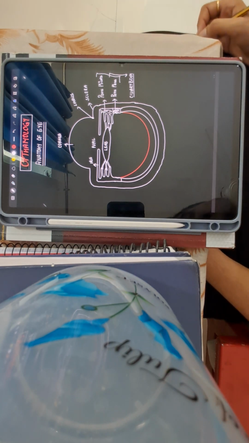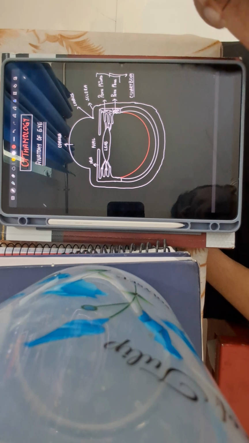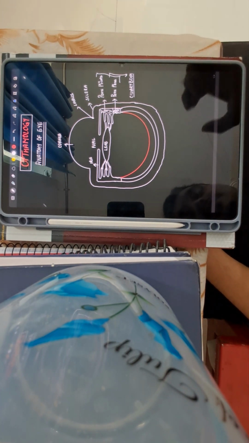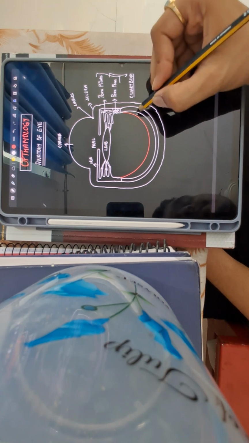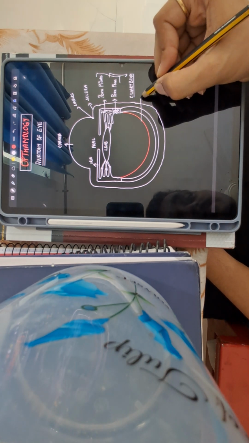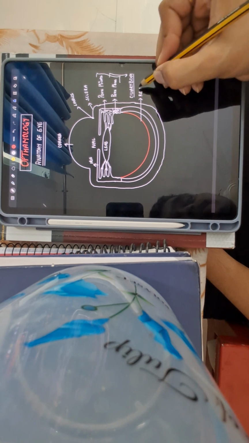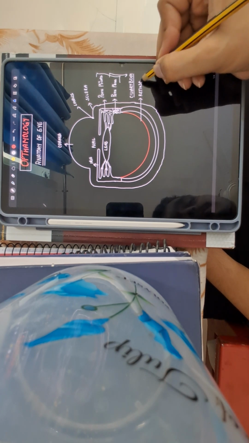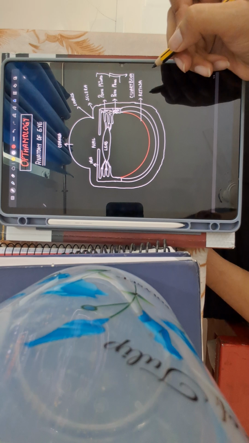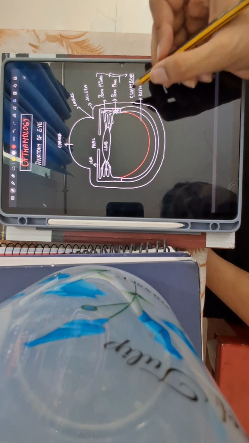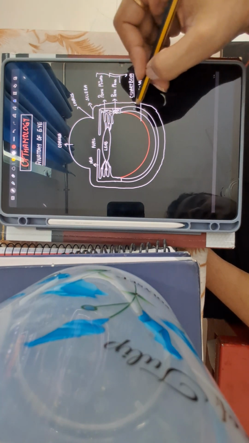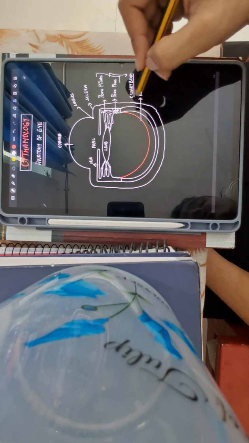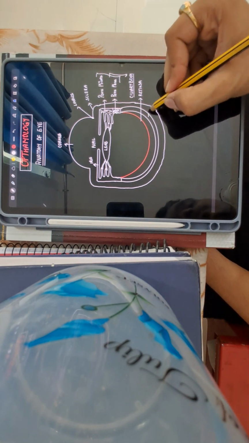After knowing that, what else you should remember in this structure is that this is considered to be the retina. And what you should know is that behind this pars plana, there's a structure surrounding the posterior portion of the eye, and that is considered to be the choroid layer.